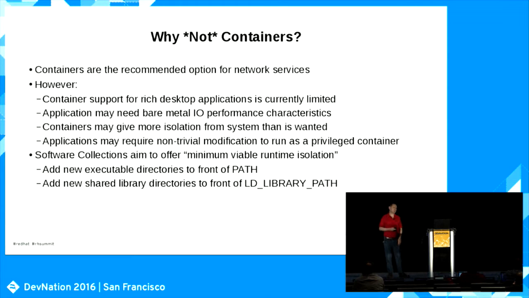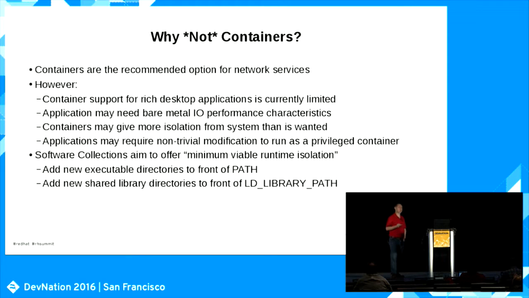Some particular applications and services may really want bare metal I/O performance. If you're trying to wring every ounce of performance out of your hardware, while folks are working actively to remove the performance implications of container abstractions, that's still a work in progress, particularly in the telco area, but there's still more to be done there.